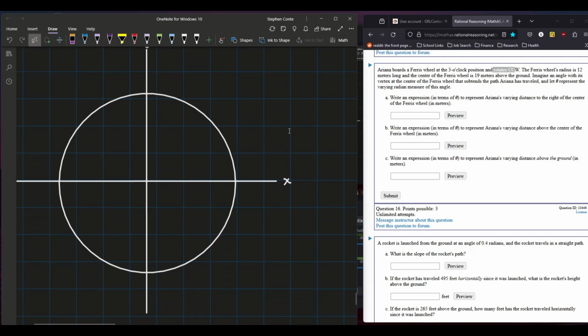We know that the radius is 12 meters long, and the center of the Ferris wheel is 19 meters above the ground. Actually, I'm going to do something to this graph. If this is 0, let's just say this is 19.